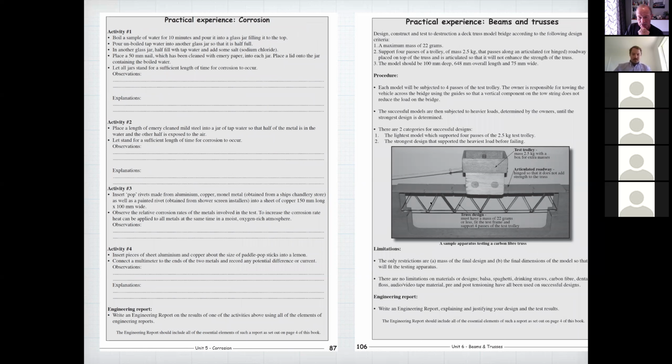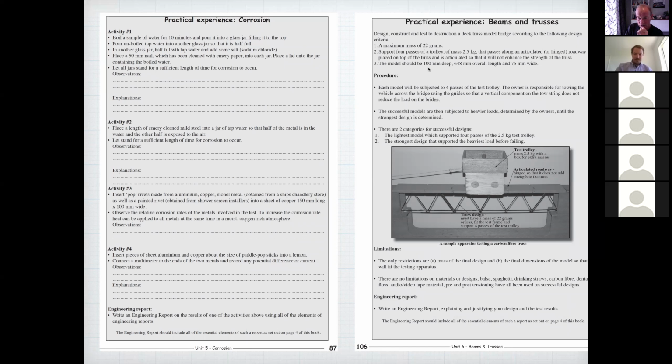I used to do the testing of trusses in front of the whole school, and what the students would do, they'd have to design a high specific strength bridge, which is according to these dimensions. You can't just say design something.